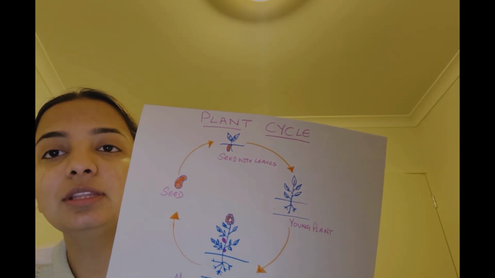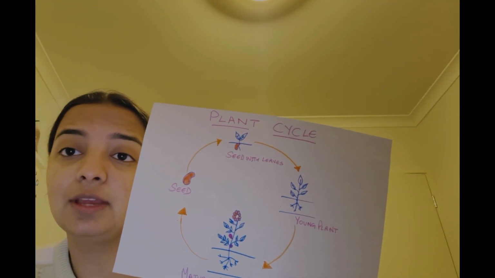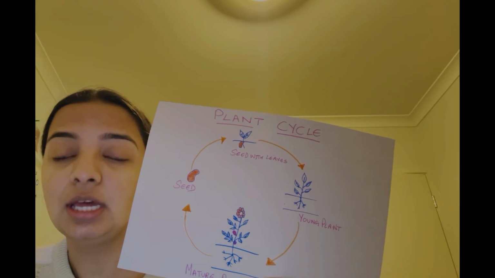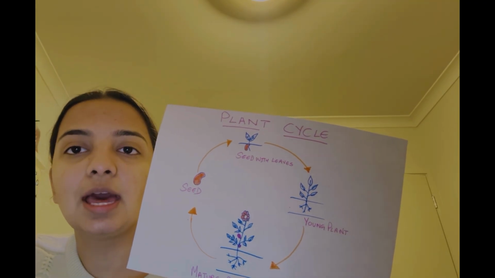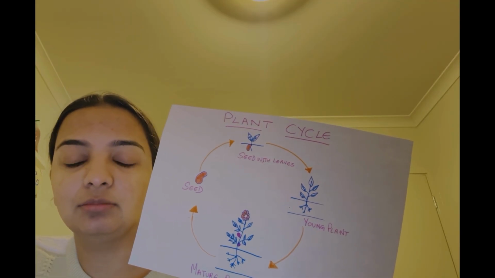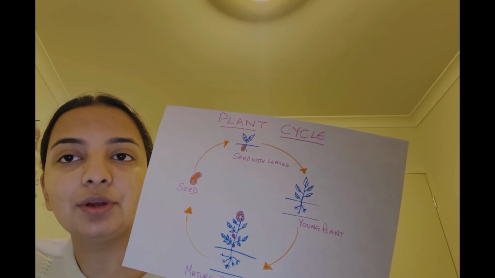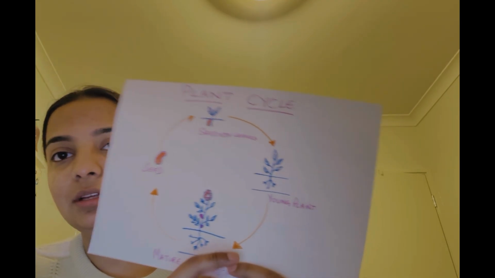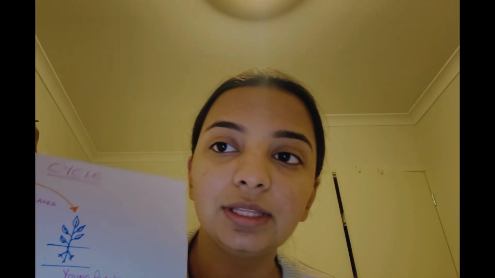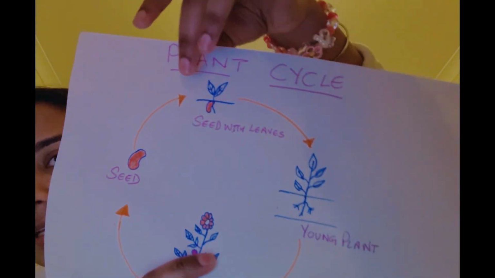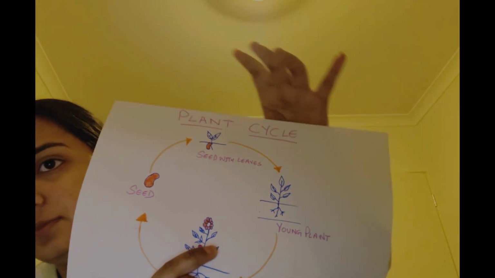And after some days, by giving it proper daily water, and if the plant is getting healthy nutrition, oxygen, sunlight, and water, it can really grow into a healthy plant. After this part, this is the seed with leaves. We can see this little seed was here, and now it is a seed with leaves.